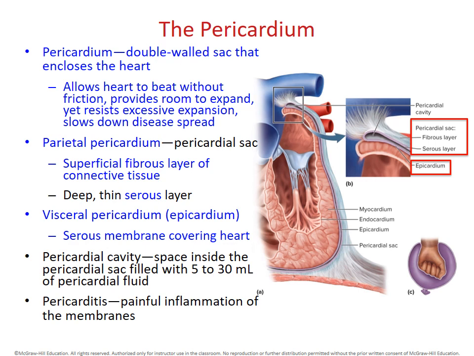So it goes by two names, and the reason for that is because visceral pericardium will describe the sac that encloses the heart, the fact that that's the internal part that comes into actual contact with the organ, whereas the term epicardium will actually describe one of the outer walls of the heart. So the two terms indicate the same location, but one term hints towards the pericardium, the covering.